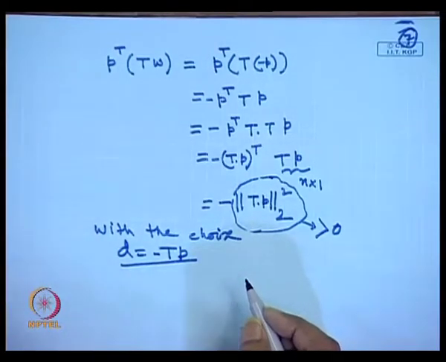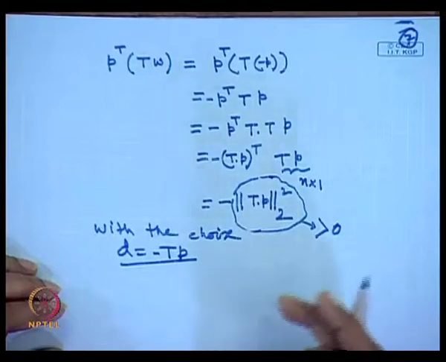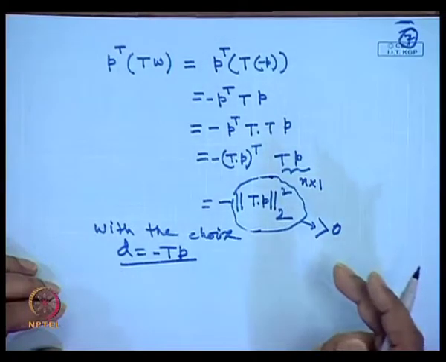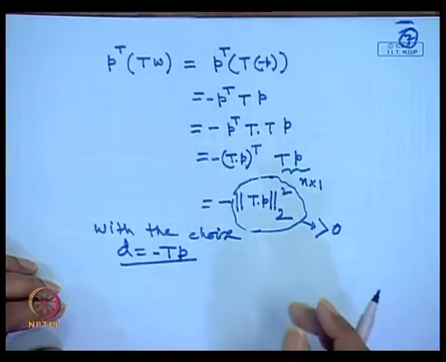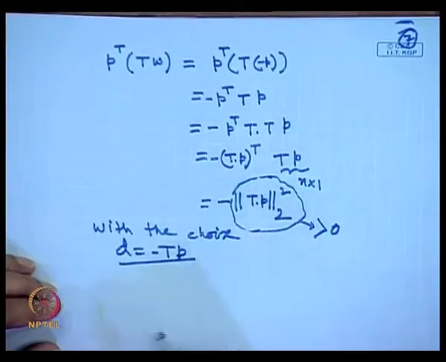One is feasible direction we are moving, another is the objective function value at the new point is less than the objective function value at the earlier point y of 0. That ensures.